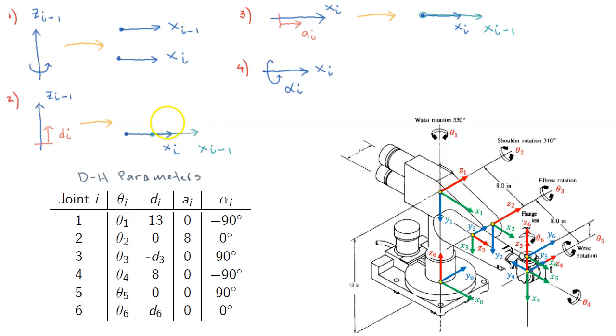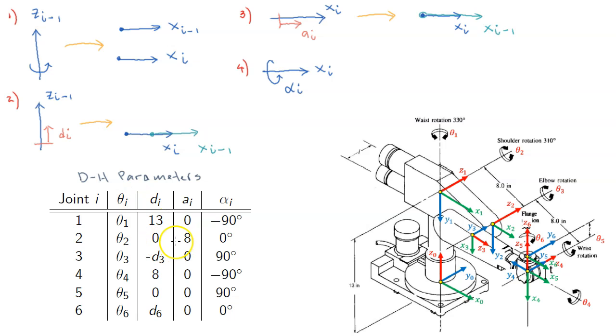Next step, in order to find D2, we have to ask how much we have to translate this coordinate frame in this direction such that these two are on the same line, right? And as you can see, they are already on the same line, so D2 is 0. We don't have to translate.